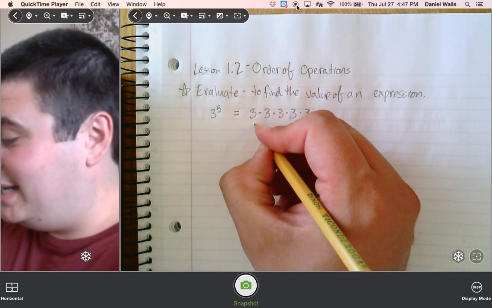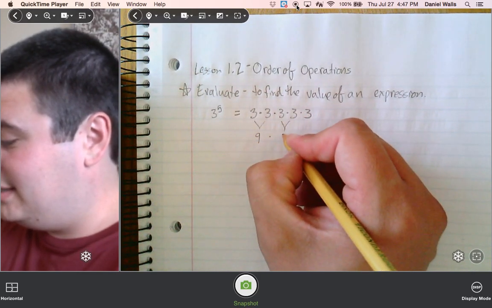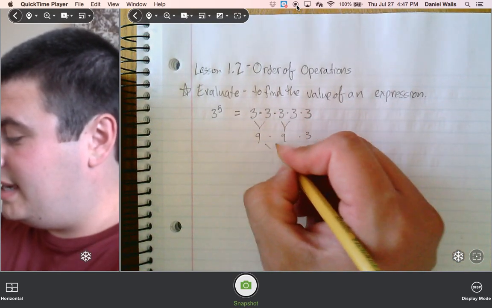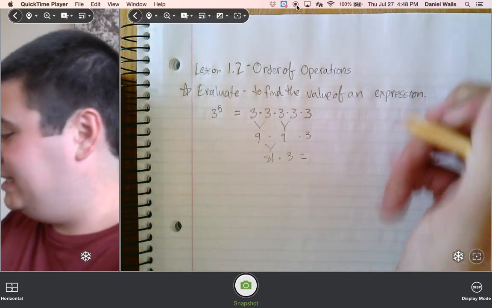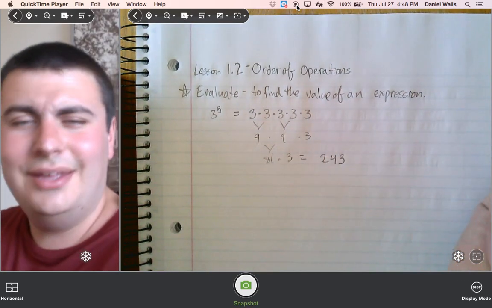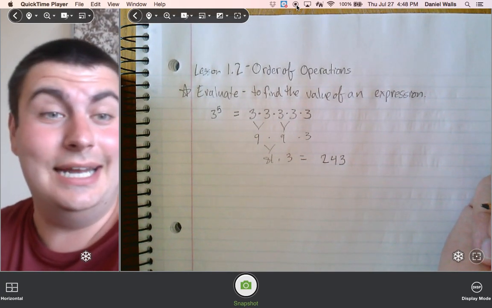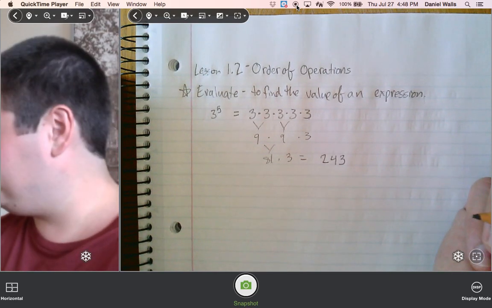So when we simplify this, we think 3 and 3, 9, times 3 and 3 is 9, times 3, 9 and 9 is 81, times 3, which leaves us with 243. You could pull out a calculator if you need to do 9 times 9 times 3, hopefully not 9 times 9, but 81 times 3 to find 243.